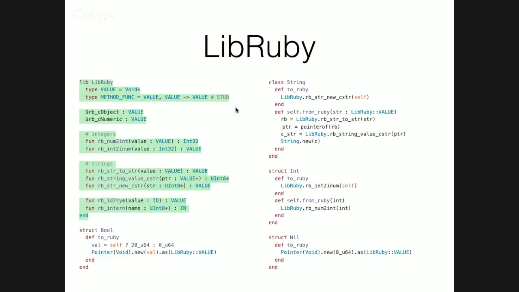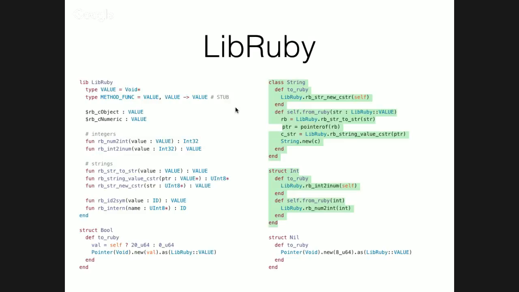And again, there are people who have done this before, and you can leverage what they've done. Then on the right, there's just a little bit of code that translates between a Ruby object and a Crystal object. You can see there's not too much there. This handles strings and integers, and it's just a few lines. And again, this is not stuff I had to entirely figure out on my own, because if that was the case, I probably wouldn't have even been trying.